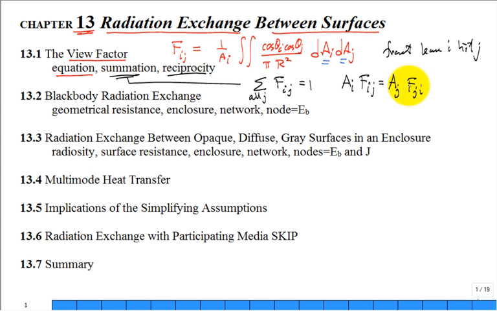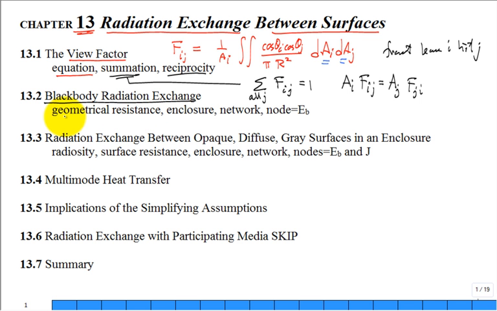But the concept of the summation rule, the concept of the reciprocity rule is simple. The concept of what the view factor is simple. Mathematically, not so obvious.